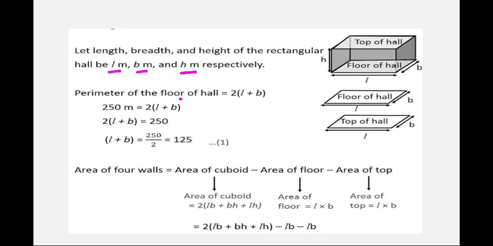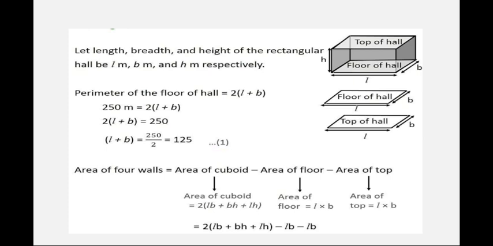The perimeter of the floor is 2 into (length plus breadth), that is 2(l + b) = 250. I explained it in the previous video. If you simplify this equation, you will get l + b = 250/2, that is 125. Mark this as equation number 1.